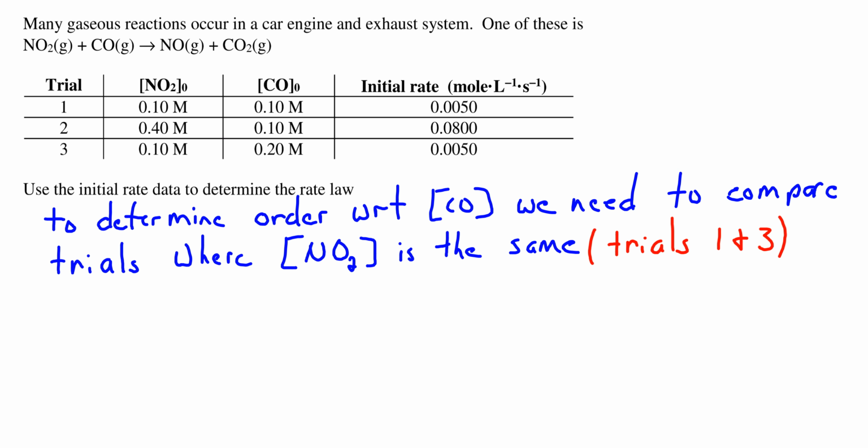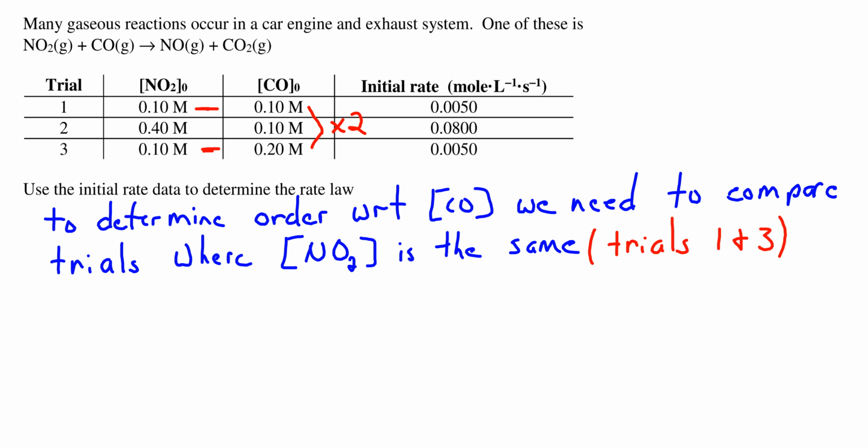All right, for reaction order with respect to carbon monoxide, we need to compare trials where the NO2 concentration is the same. So if we look up here, we see that in trial 1 and in trial 4, the concentration of NO2 is 0.1 molar, whereas the concentration of CO has increased by a factor of 2.